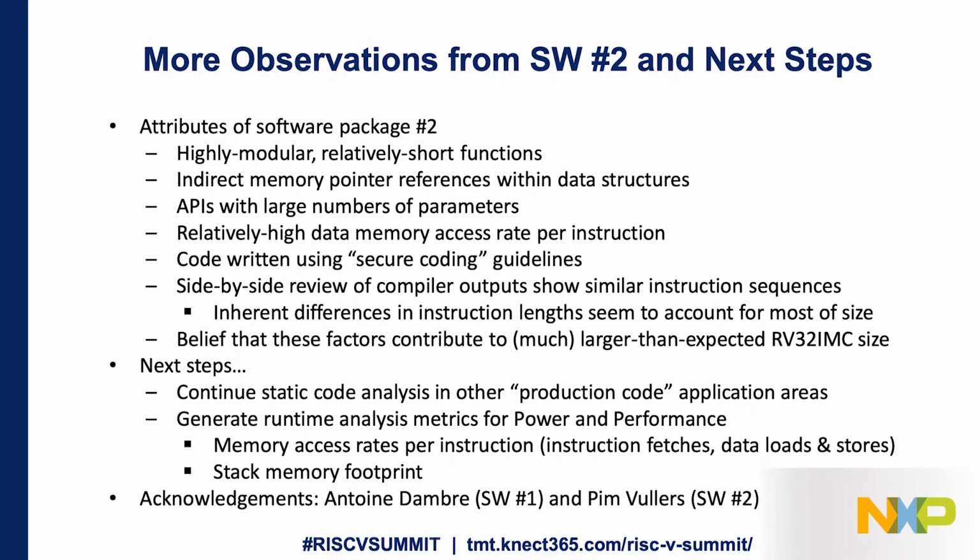The other thing I should mention, and we're still trying to understand the potential implications of this, is that because this was a security library, it made use of an internal secure coding guideline standard, and we're trying to understand what exactly, if any, effect that particular coding style had on these results.